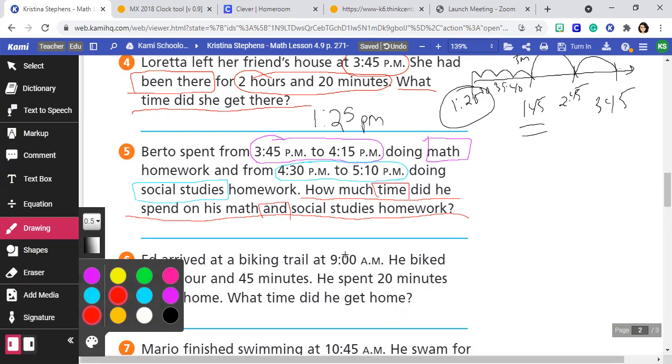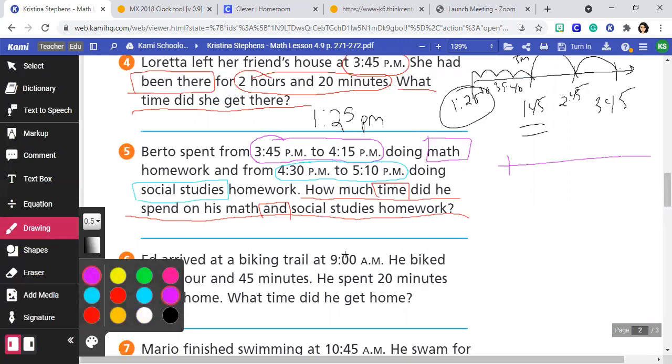How much what? How much time? And our labels for time can vary depending on the question. In this question, it's going to be an elapsed time that tells me how many hours and how many minutes have gone by. So I'm going to do a number line for math.